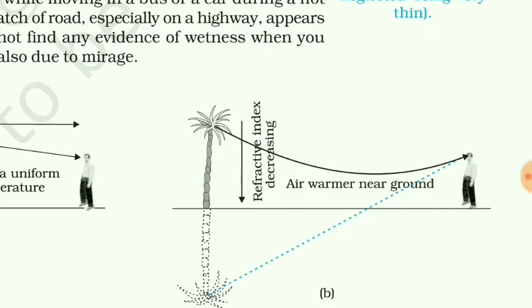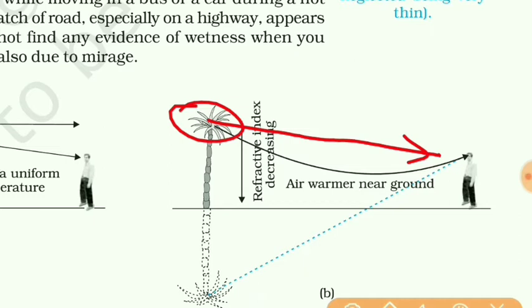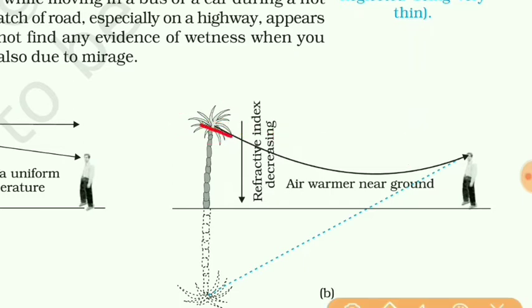Due to this ray a person can see the tree directly, the actual image. But what happens for the ray which is moving in the downward direction?